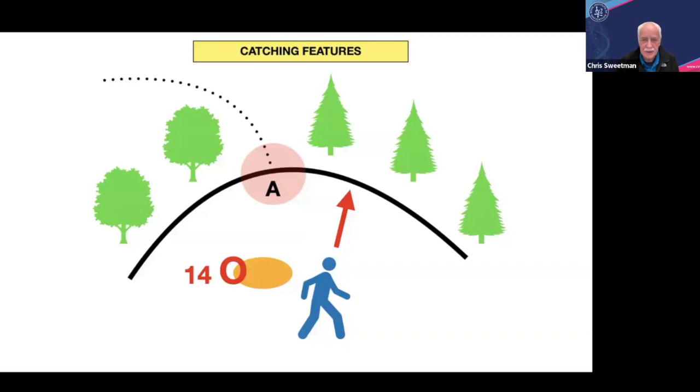Here you've got coniferous woodland on the right-hand side and deciduous woodland on the left, with a vegetation boundary between the two. So it's a matter of following the wall, getting to point A, which is again an attack point, and you can use that to get back to your control.